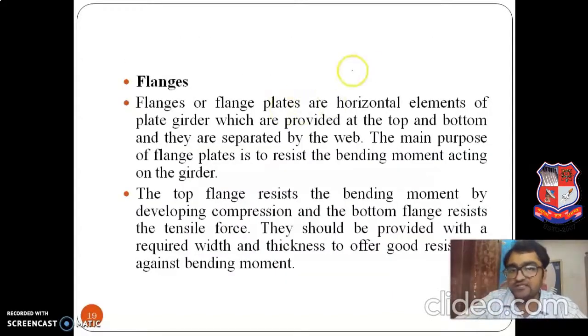Now next is flanges. Flanges or flange plates are horizontal elements of the plate girder which are provided at the top and bottom, and they are separated by the web. As I said, the main purpose of the flange is to resist the bending moment acting on the girder.